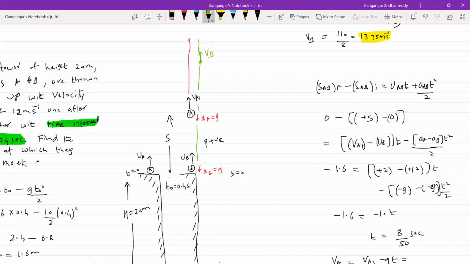So this will be VB, and this will be VA. That time is what you should call T from here. After projection of A, it will be T plus T naught.